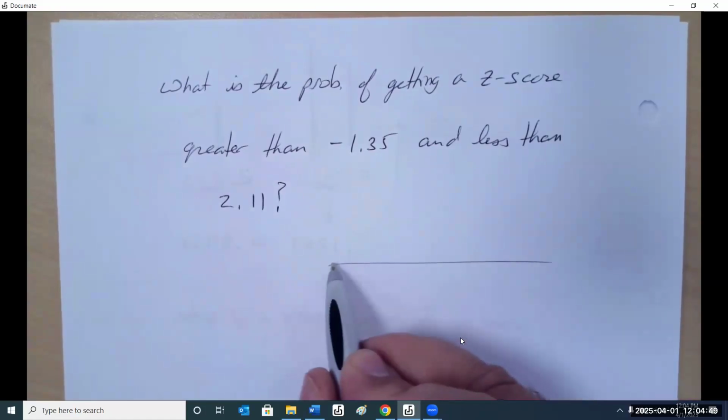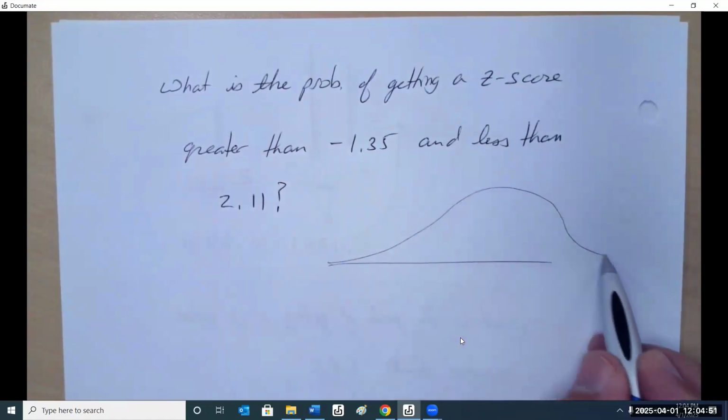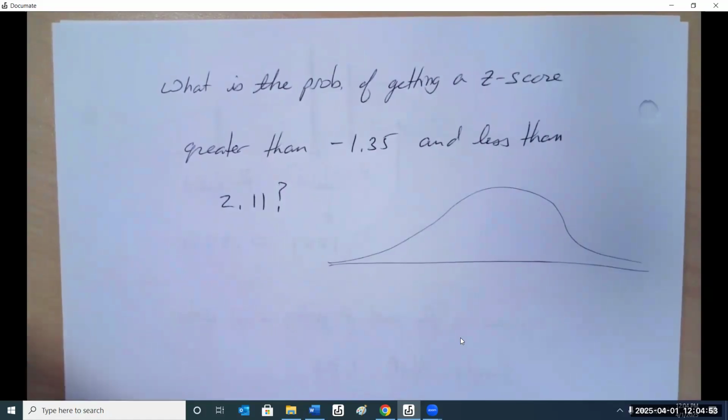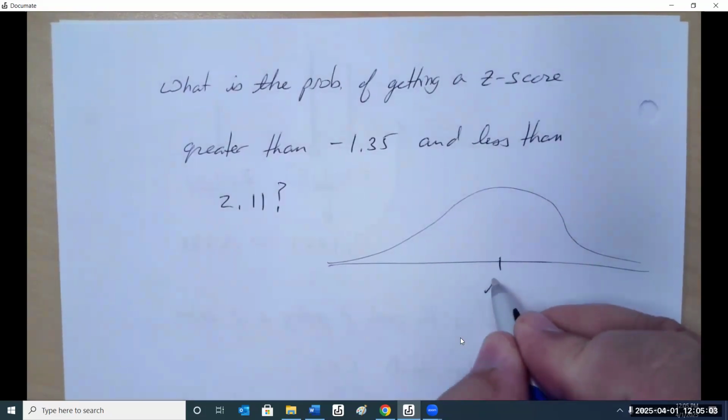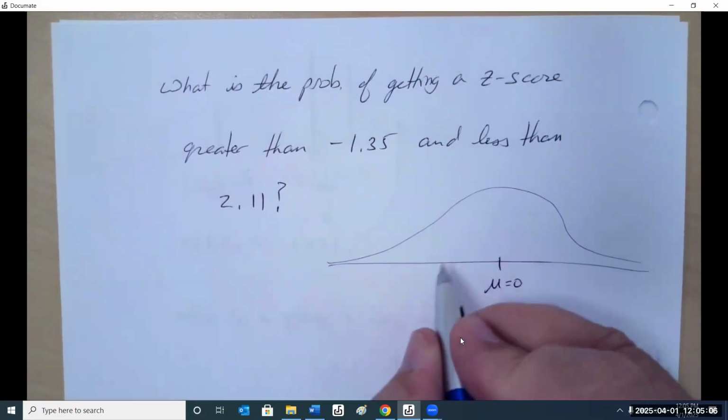It always helps if you draw a picture too. You should always start off by drawing a picture, since we're dealing with bell curves here. Here's the mean. It equals 0.